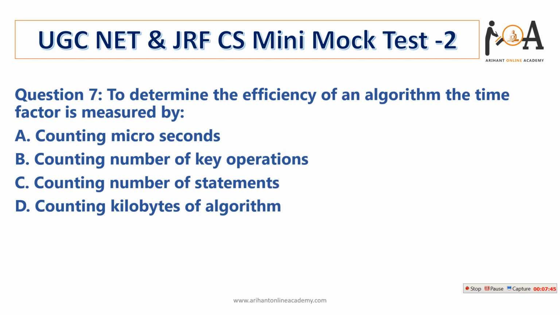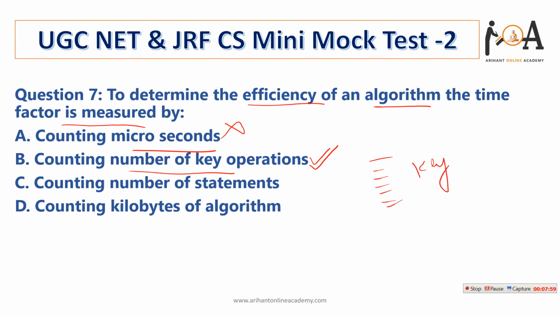The next one is, to determine the efficiency of an algorithm, the time factor is measured by counting microseconds? No. Counting the number of key operations? Yes, it is the correct answer. Suppose a program is there, then how many key operations are there. On the basis of counting key operations in an algorithm, we determine the efficiency of the algorithm. Counting the number of statements?